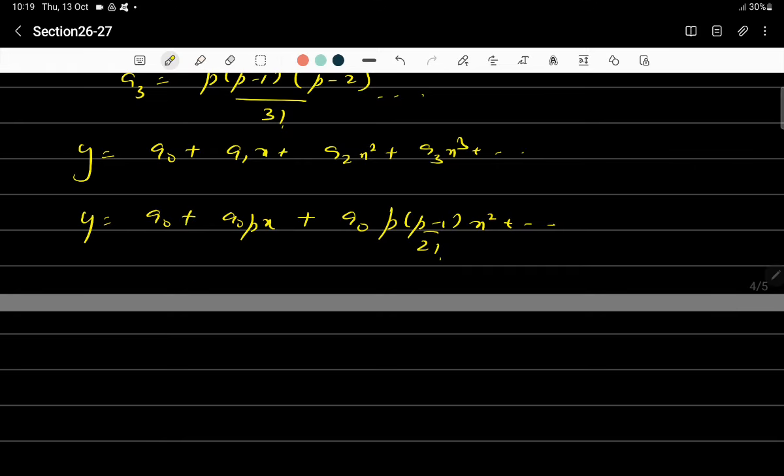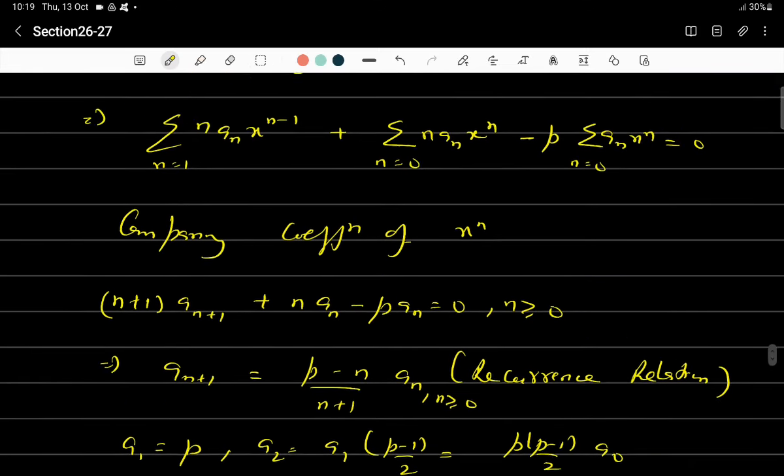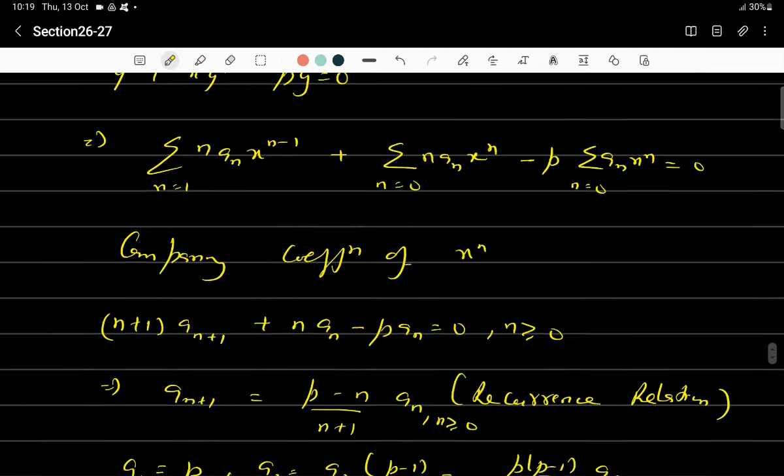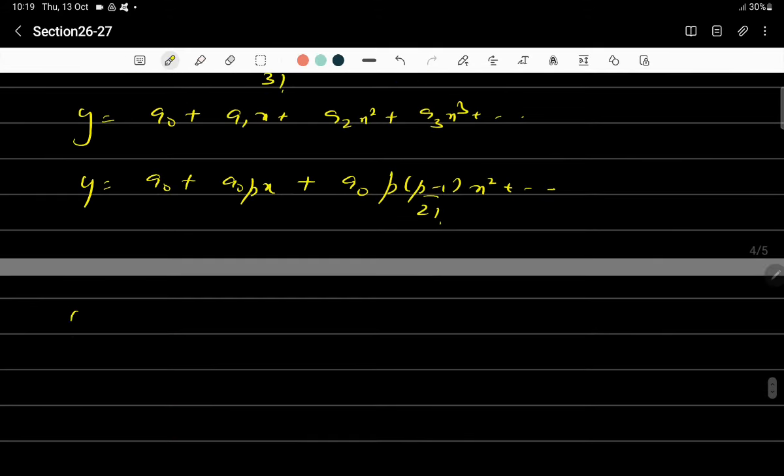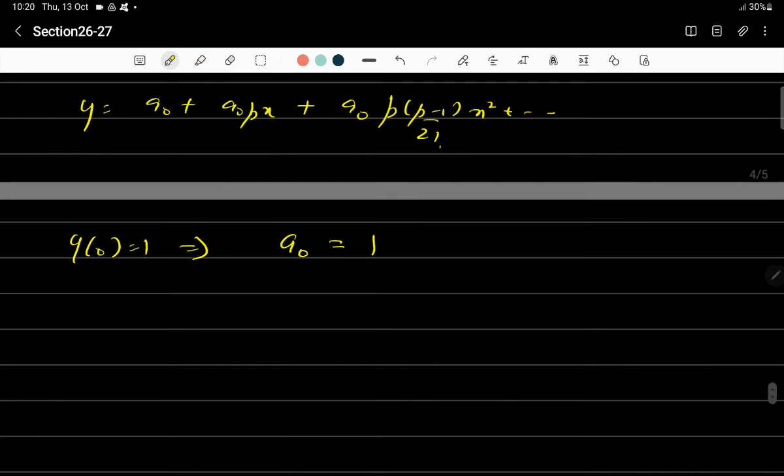Yes. Now it is given that y of 0 is equal to 1. So if you substitute y of 0 is equal to 1, it means at x is equal to 0, y is 1. So if you substitute x is equal to 0, on the right hand side you will have only a naught and the left hand side is 1.